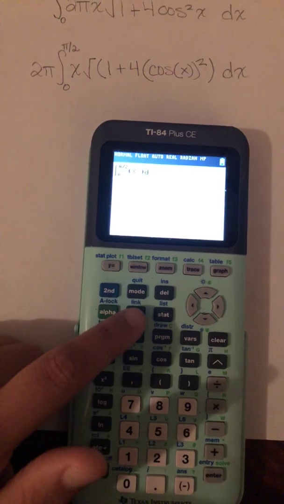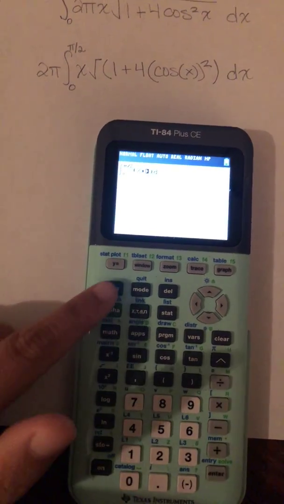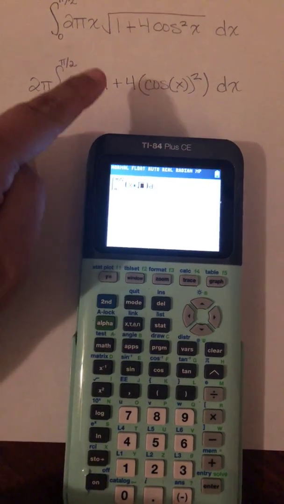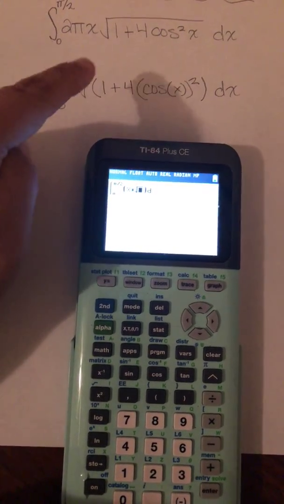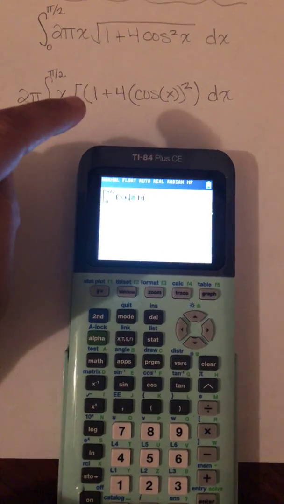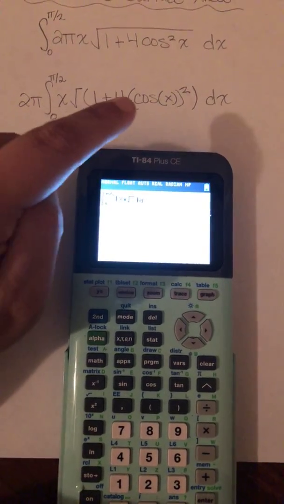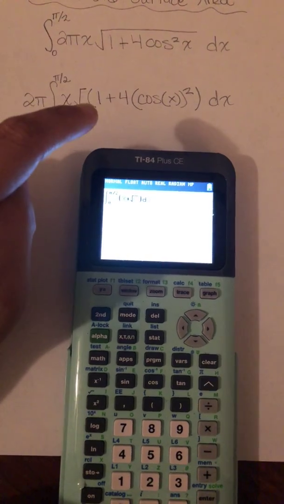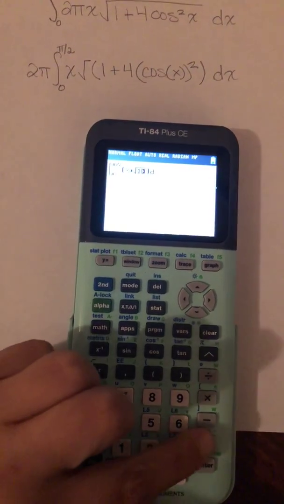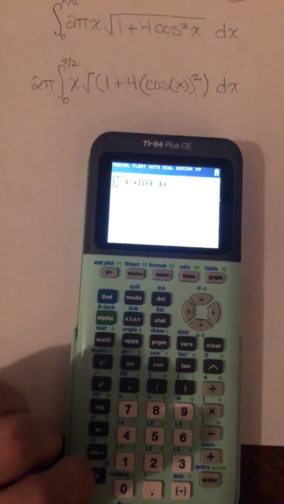So I've got x times the square root of, and the square root on many calculators will open a parenthesis. Mine does not, just because it's one of the newer ones. But the 1 and the 4 are not inside any sort of parentheses besides the one that indicates the square root. So I can go ahead and type in 1 plus 4.